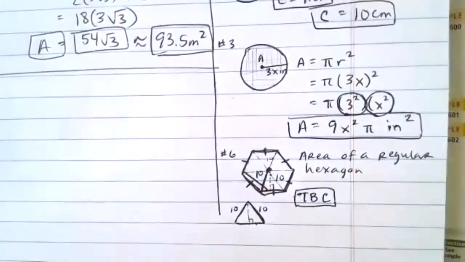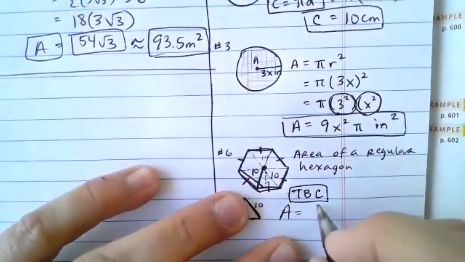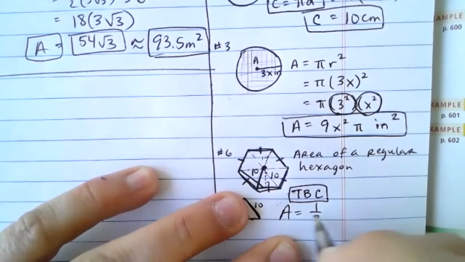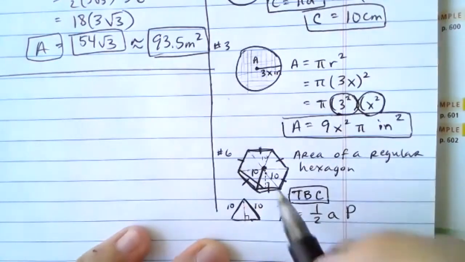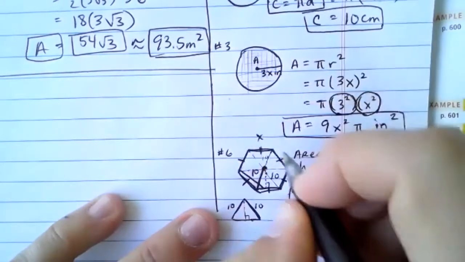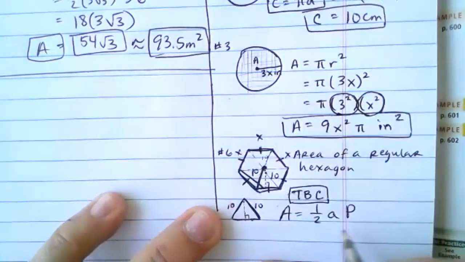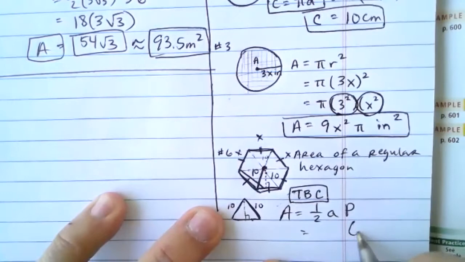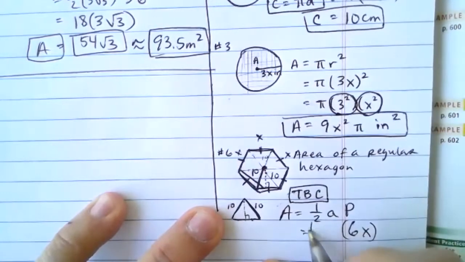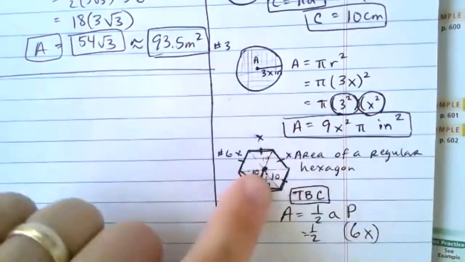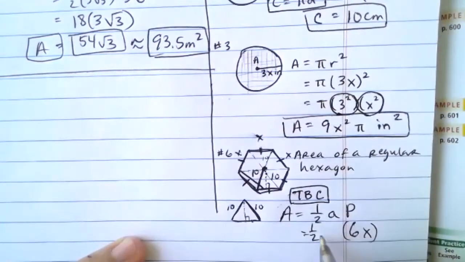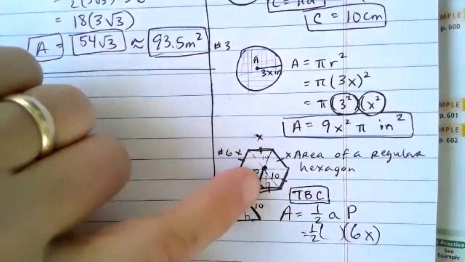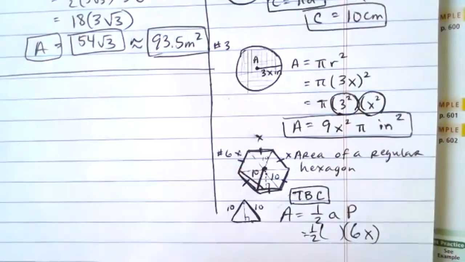I just want you to know that the formula is 1/2 times the apothem times the perimeter. The perimeter is all the same length all the way around, so the perimeter is 6x, because it's 6 sides, and the apothem will be this length here, this dotted line, and then we'll multiply.